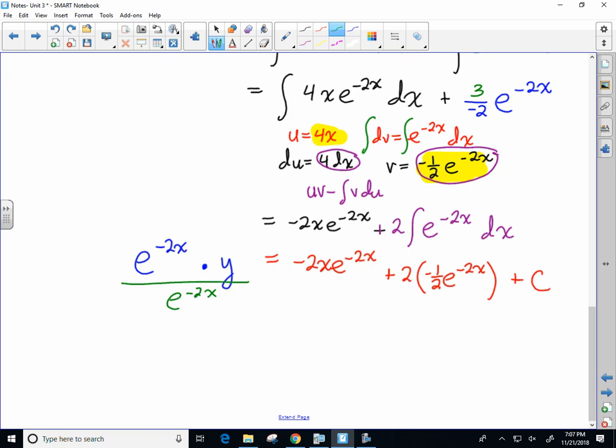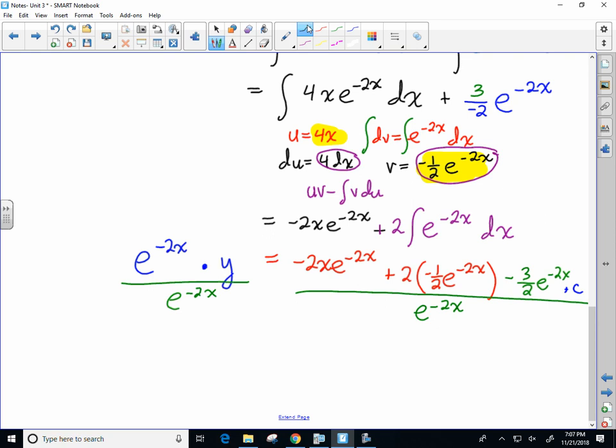Sorry? Oh, I need the negative 3/2. Yeah, missed it. Thank you. So minus 3 over 2 e to the negative 2x, then we have the plus c. So all of this stuff is going to get divided by e to the negative 2x.